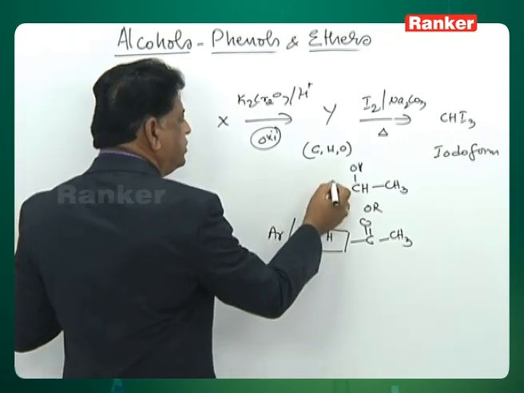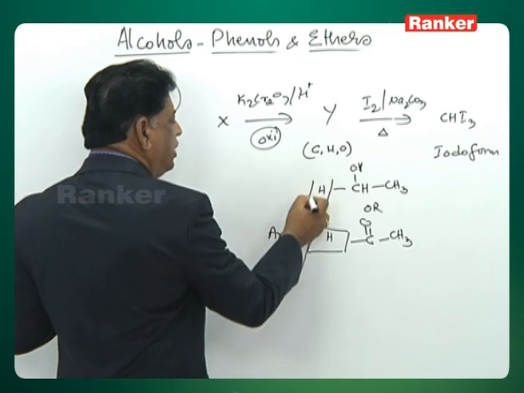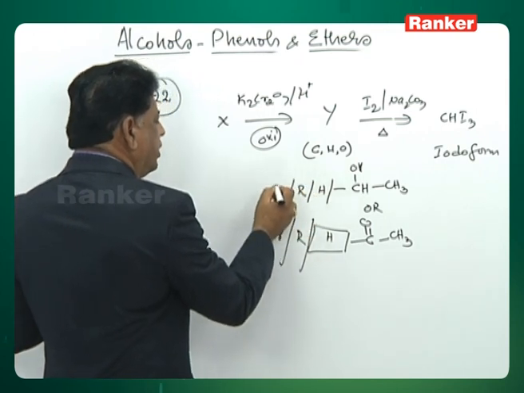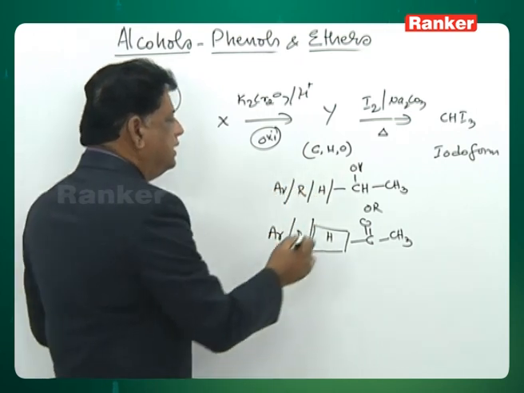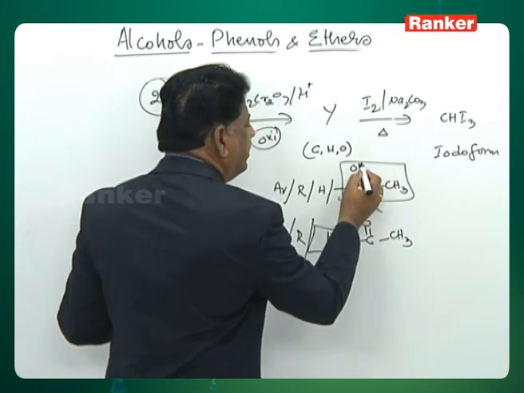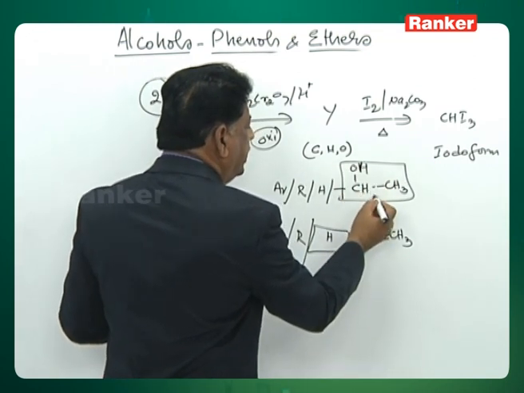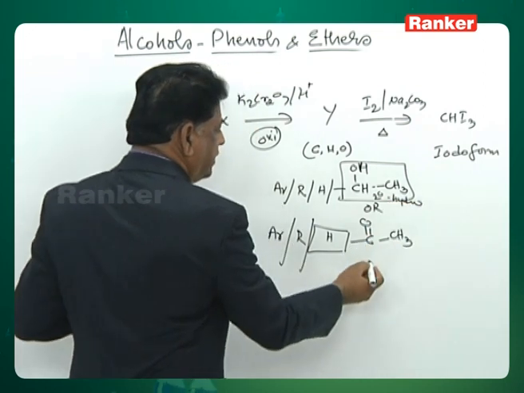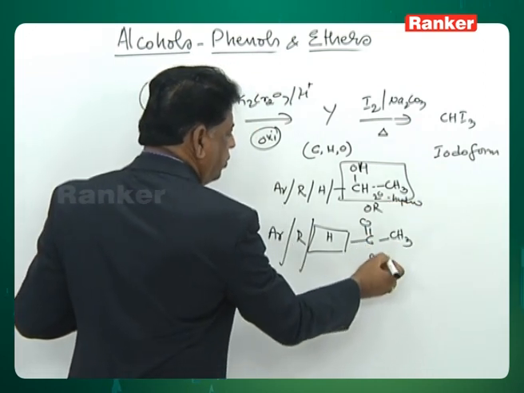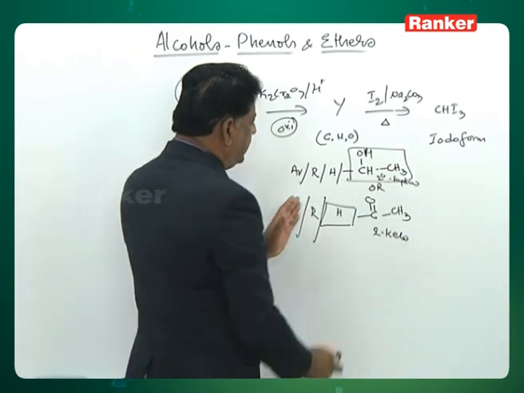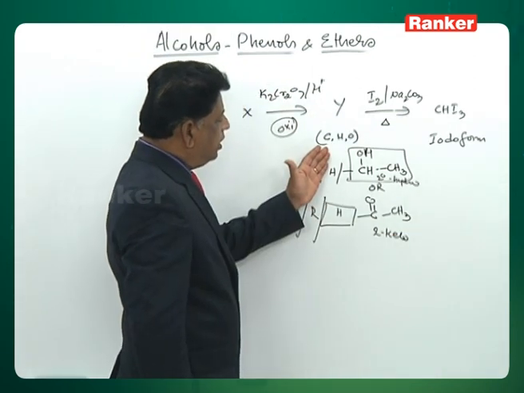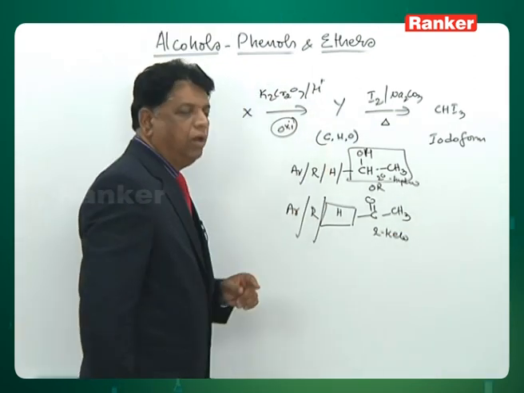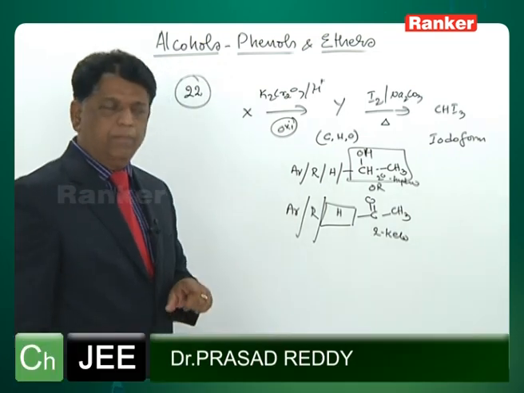Here also the same. But this particular function is described as 2 degree 2-hydroxy, and the carbonyl type is called 2-keto. Except acetaldehyde, and likewise except ethyl alcohol, all these compounds will give it.